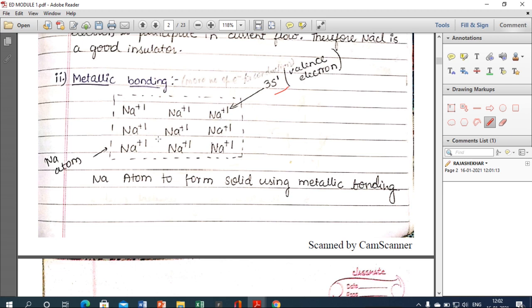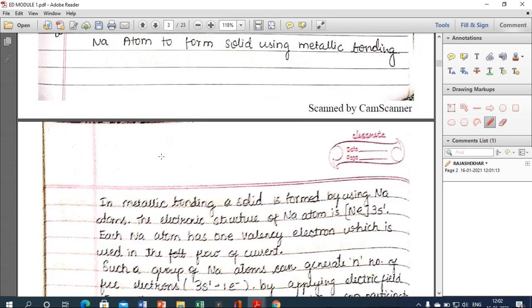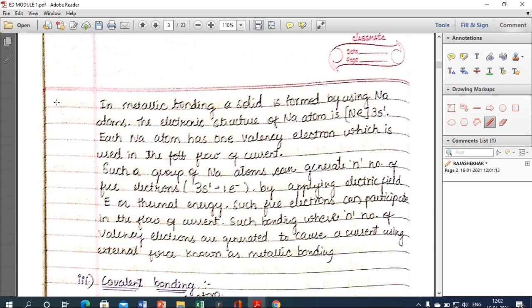Metals like aluminium, iron, copper, and so many other metals all have one free electron in the valence shell, which can cause the flow of current when the external force is applied. The next one is the same explanation, just go through it, okay, sorry.